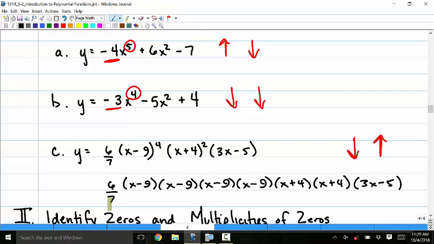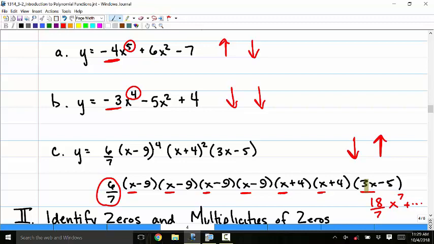When I multiply everything out, you're going to end up with a 6/7 times x times x times x times x times x times x times 3x. That's how you're going to get the 18 over 7 x to the 7th. And then you're going to have a lot of other stuff after it. But all you need to do to determine the end behavior is that leading coefficient and the highest power of x. 6 times 3. Yep.